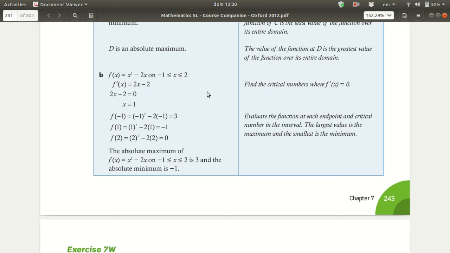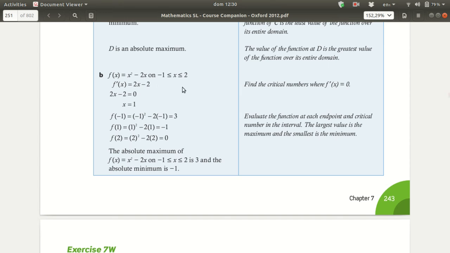In this case, the second derivative is easy to see that it would be positive 2. So that makes our function concave up, and that will make this critical point a minimum. Okay, but we don't know yet if it's the absolute minimum. We have to compare it to the endpoints.